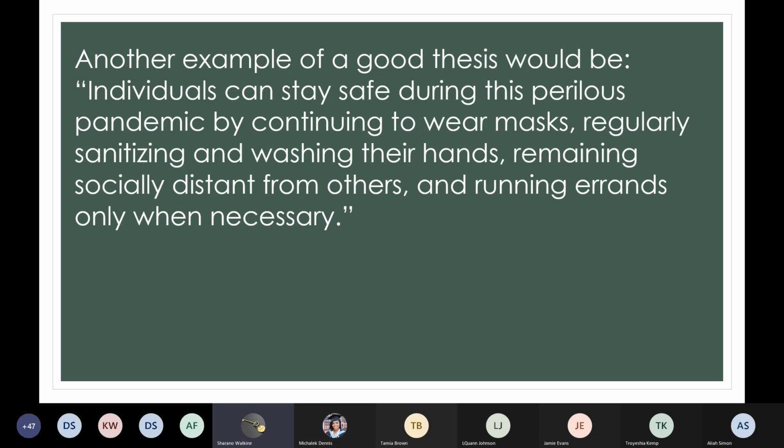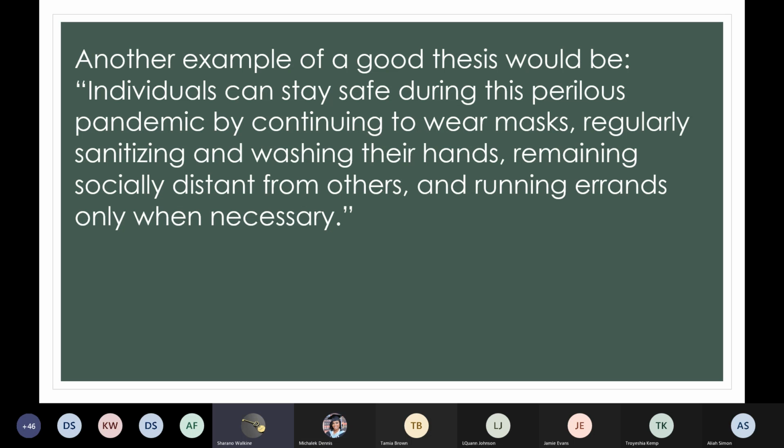We had a discussion about this earlier today, right, Mrs. Dennis? Okay, Ashley says wear masks, sanitize and wash hands, social distance, and go out only if you need to. Anyone else? Good job, Ashley. Remaining socially distant.